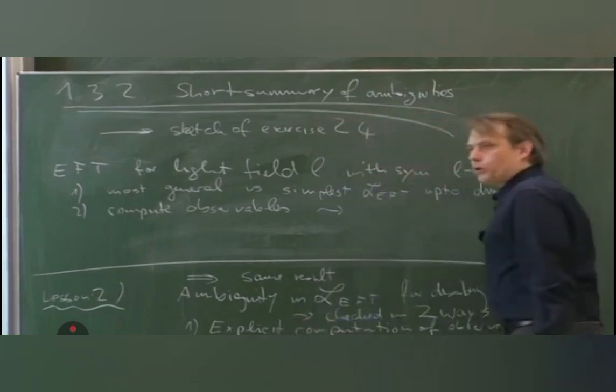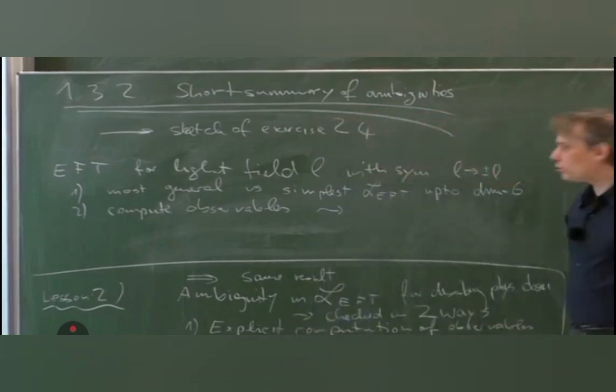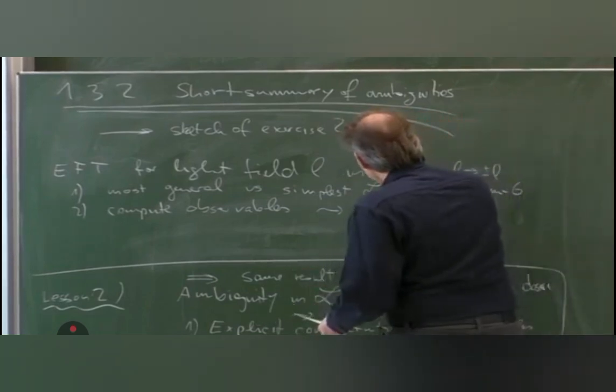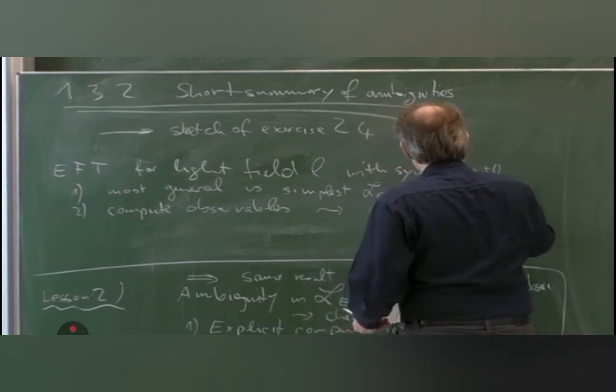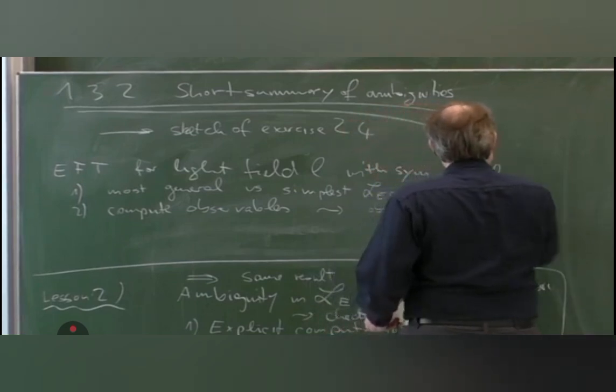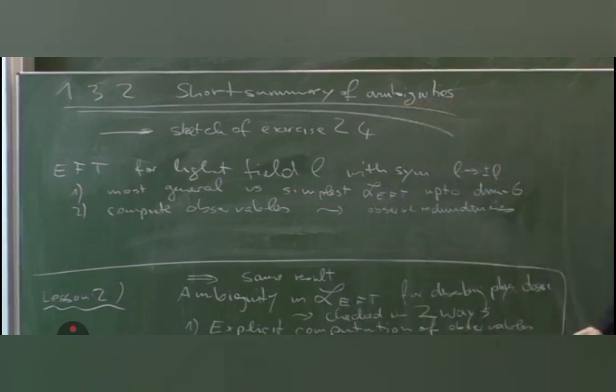Once you have computed the observables, you observe redundancies. Redundancies mean that the observables do not depend on all parameters separately, but only very specific combinations of parameters actually play a role in the prediction of observables.